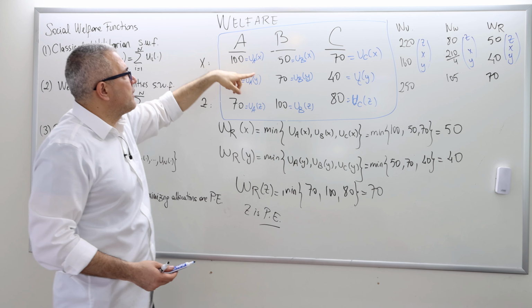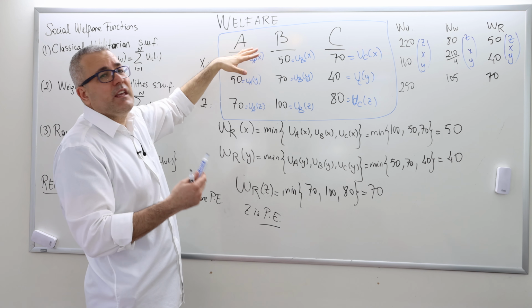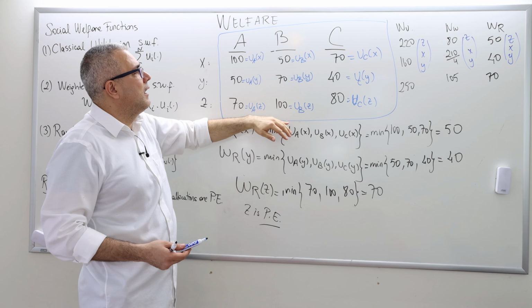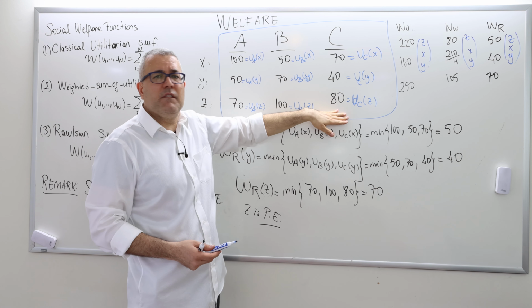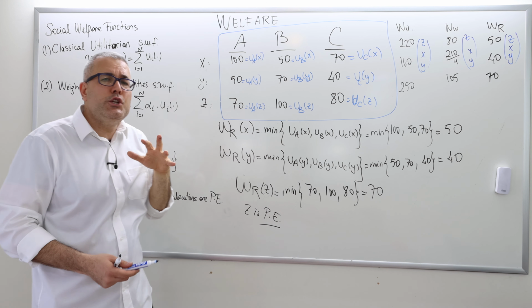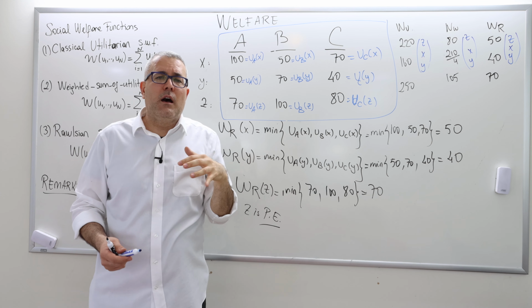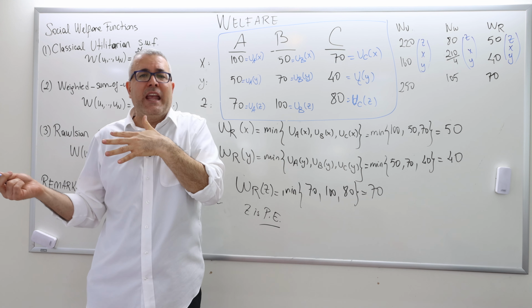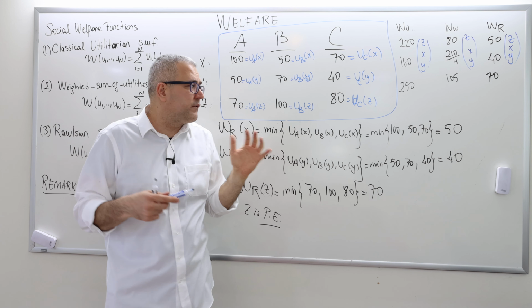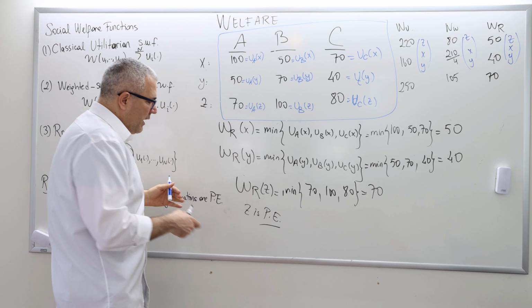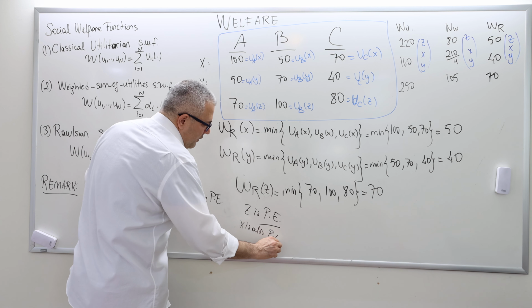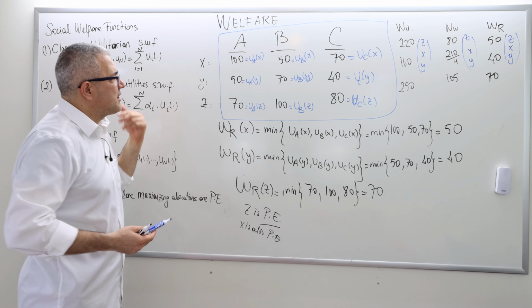For example, if we give them Z, clearly agent B will love that, and clearly agent C will love that. However, it will certainly make agent A worse off. So there's no way to make one agent better off without making other agents worse off. All right? So therefore, X is also Pareto-efficient.